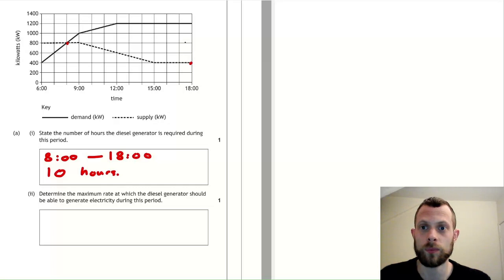That's all it is. We can see the biggest difference is in that end part with the bigger gap. There's a demand of 1,200, a supply of 400, and simply the difference in between those two is 1,200 minus 400, 800 kilowatts. And that's all it is.